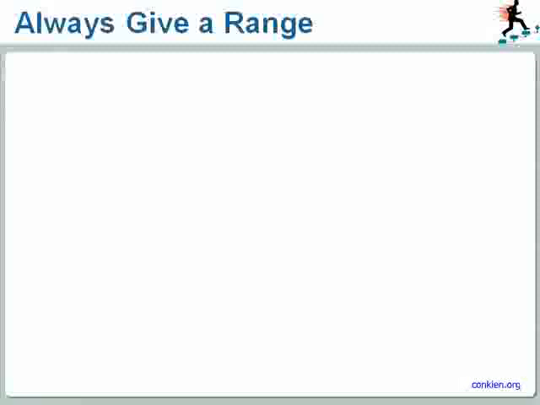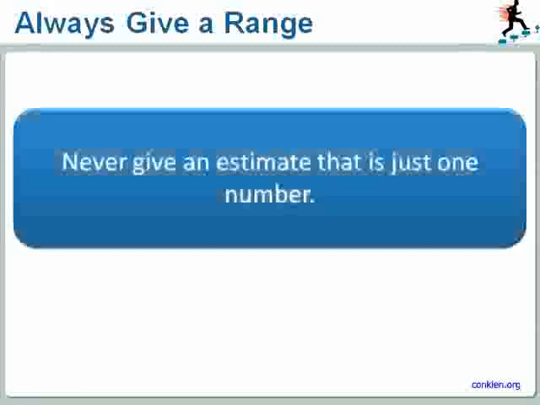You always give a range because we never, ever give an estimate that is just one number. Yes, you could have told your boss, also, this will take 2 months plus minus about 20%. This would also be a range. And the reason why we never give a single number is this.